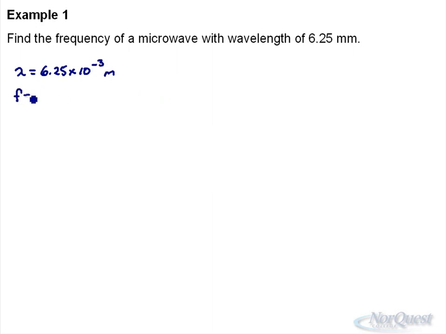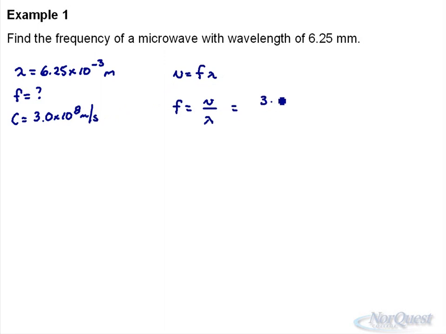We're looking for frequency, and we know that all EMR travels 3.0 times 10 to the 8 meters per second through air. So we have the formula: velocity equals frequency times wavelength. Solve for frequency. It's going to equal velocity divided by wavelength.